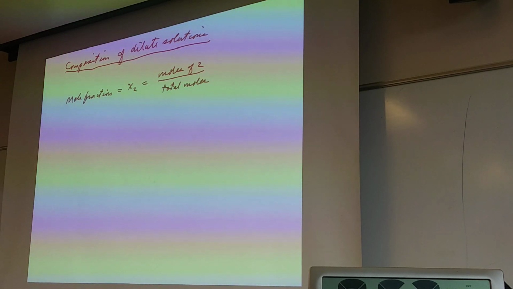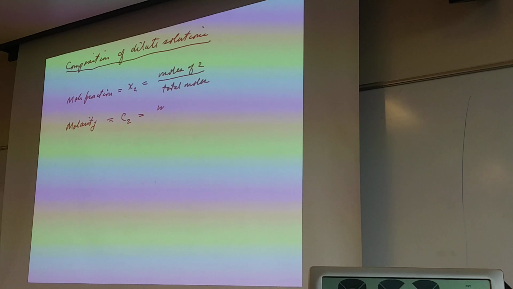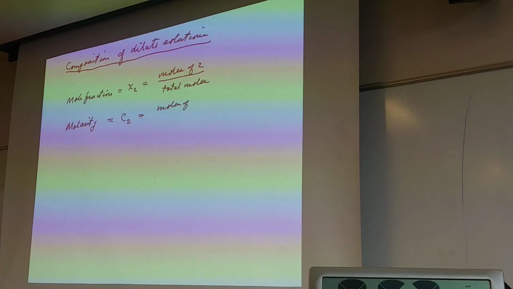But a couple of other common measures that we have for the concentration of a solute would be molarity. That's sometimes also referred to just as concentration. The symbol that's used for that is a capital C2, and that's equal to moles of 2 over a liter of solution.